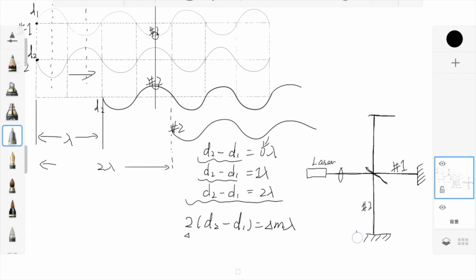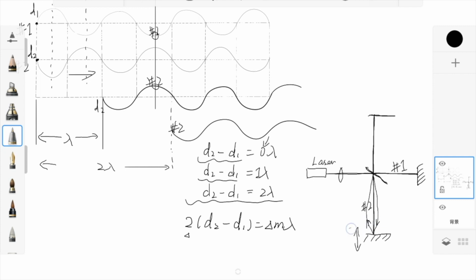When we move the mirror forward and backward, it is indeed double the distance, because it has a reflection here. There's one way coming in and one way coming out.